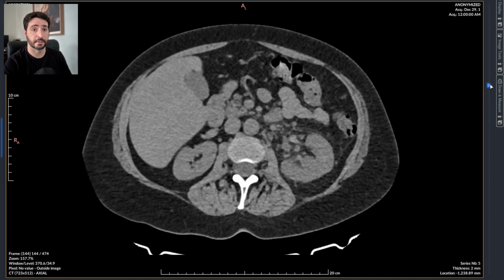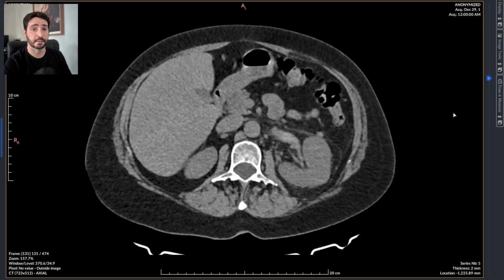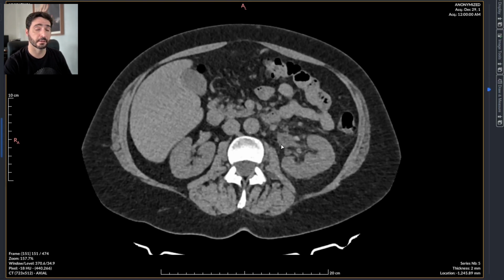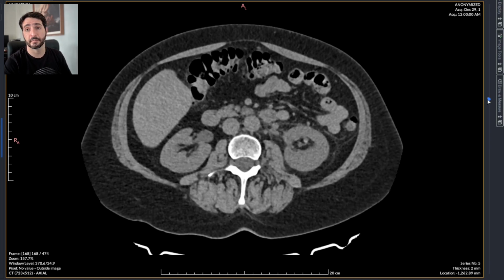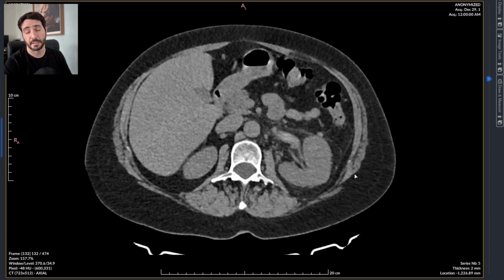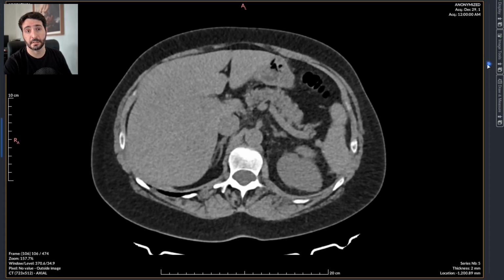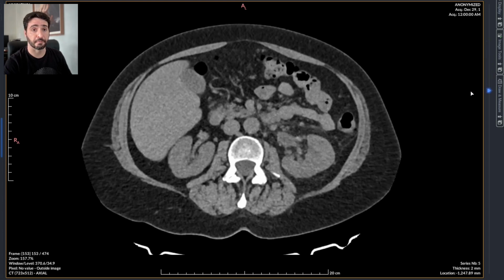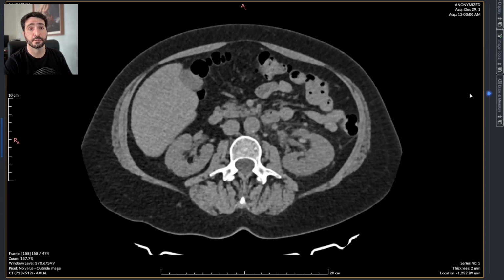On this pre-contrast phase, you can see there is some kind of straining of the fat of the pararenal space. The fat adjacent to the left kidney is all strained, densified, as if it was inflamed, edematous.